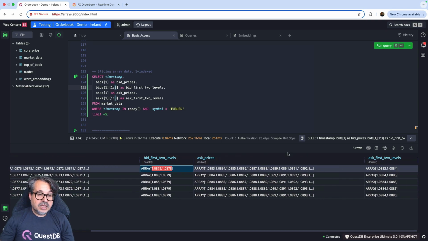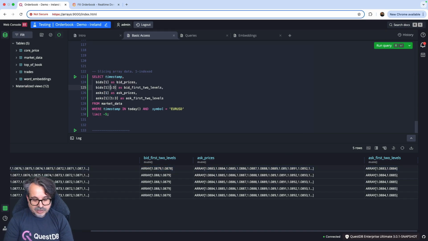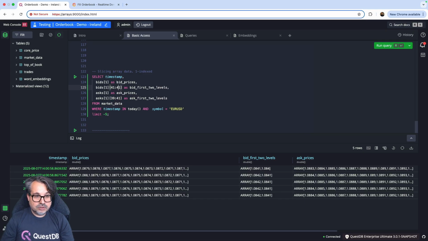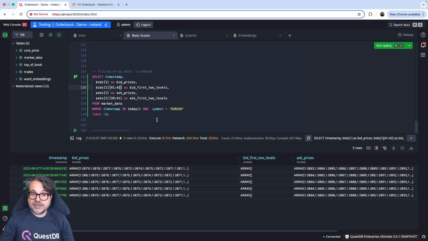If you want the last positions, since we have 40 elements, I will have to start in position 39 and go up to 41, which wouldn't be included. So this will be the latest 2 prices. Or if I go off limits, if I try to select, for example, from position 41 to 42, you will see empty values because I don't have anything.